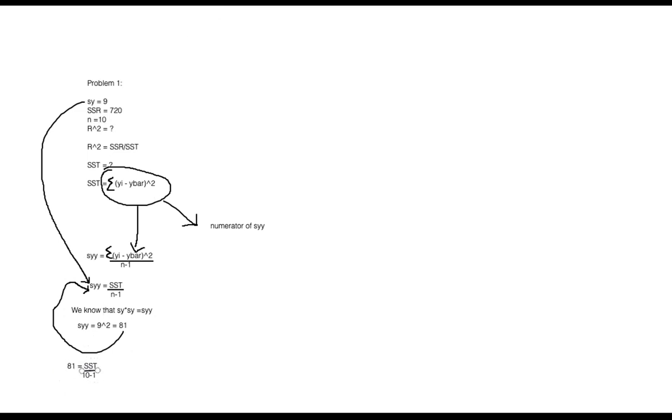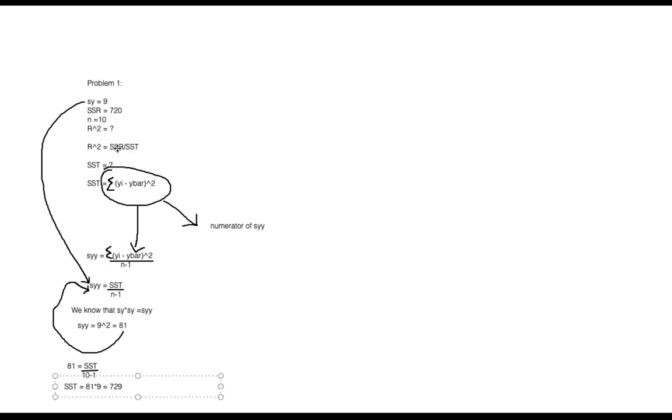And then the final step is cross multiply, and we have SST. SST is equal to 81 times 9. And you get 729. But that is the final step in figuring out what SST is. So now we have SST.